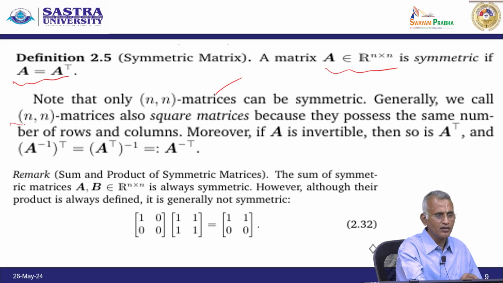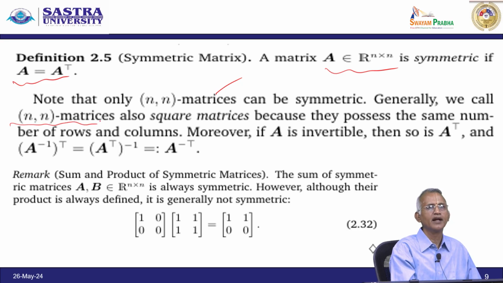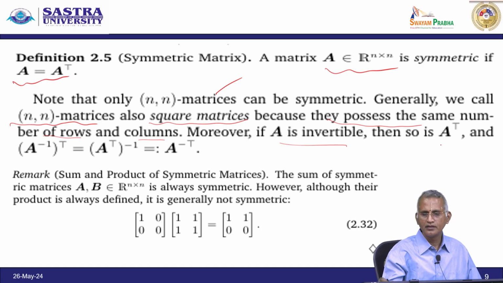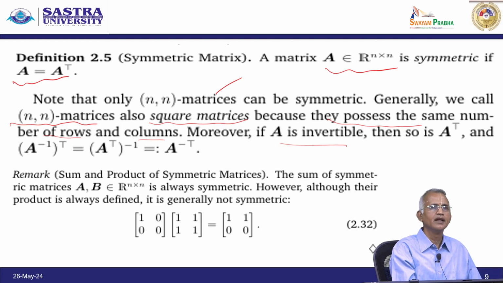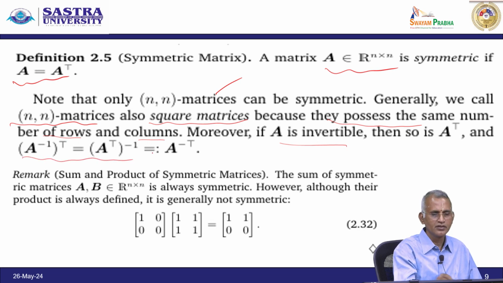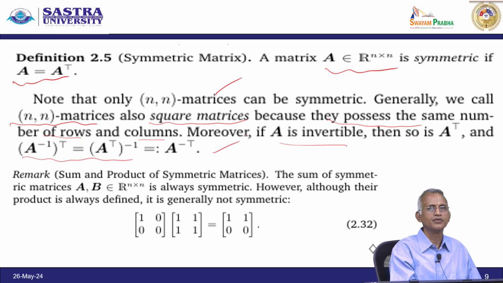Generally, we call n by n matrices square matrices because they possess the same number of rows and columns. Moreover, if A is invertible, then A transpose is also invertible, and A inverse the whole transpose equals A transpose the whole inverse, which is equal to A to the power minus transpose. This is the meaning of a symmetric matrix.